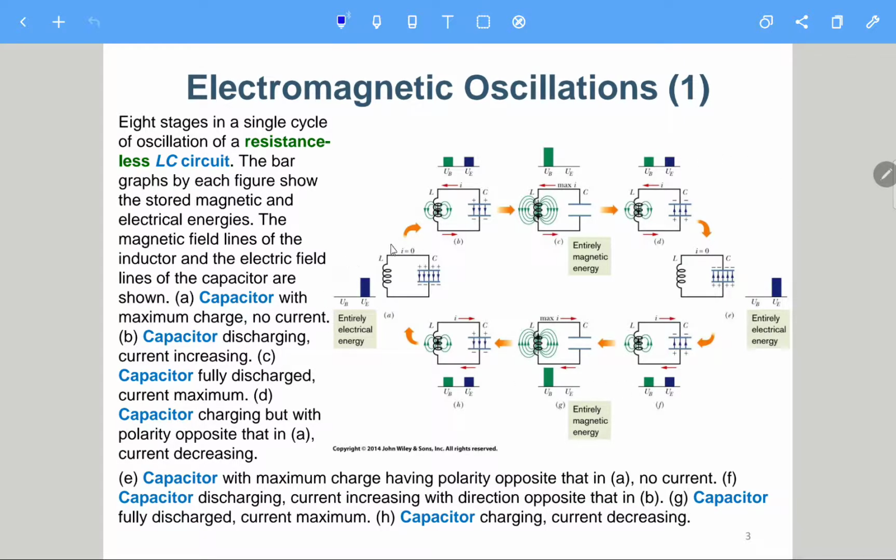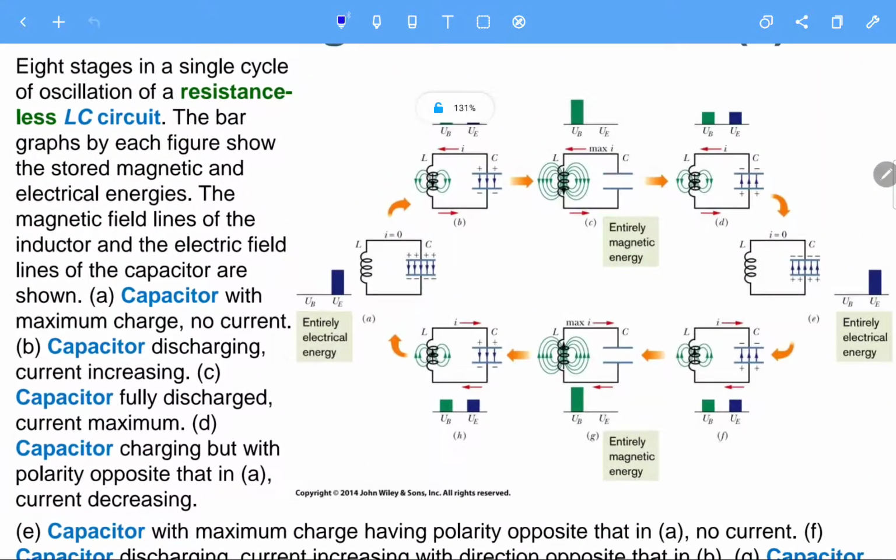So maybe let's start from figure A. For figure A, we can see at this moment we don't have current, and all the charge is at the plate. As there is no current, there will be no magnetic field, which means that there is no energy stored in the inductor, and all the energy is stored in the E field. So you can see the full UE here.